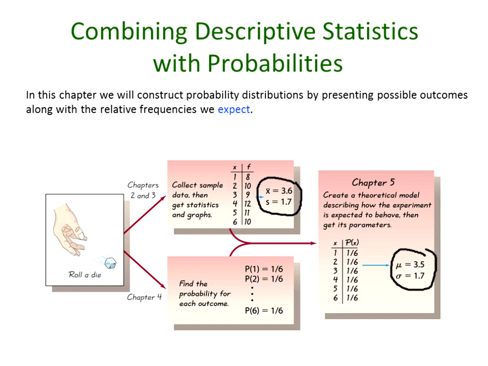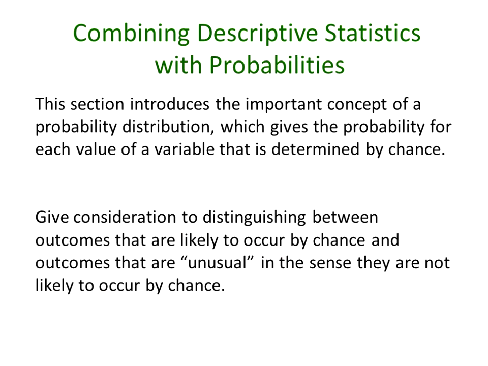All right, so then the notation that we use are Greek symbols for population. So this gives you a visual of what you should expect to see in chapter 5. So we're combining what we've already done, the descriptive statistics with the probability. All right, and that's what I just went over.